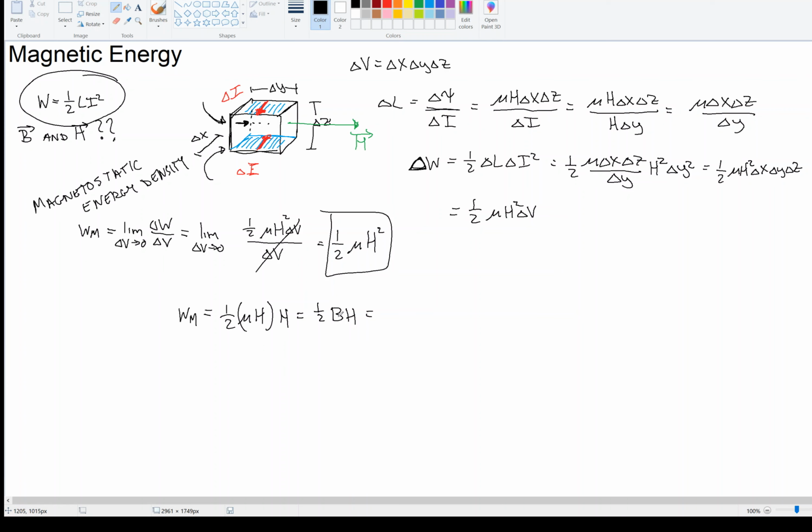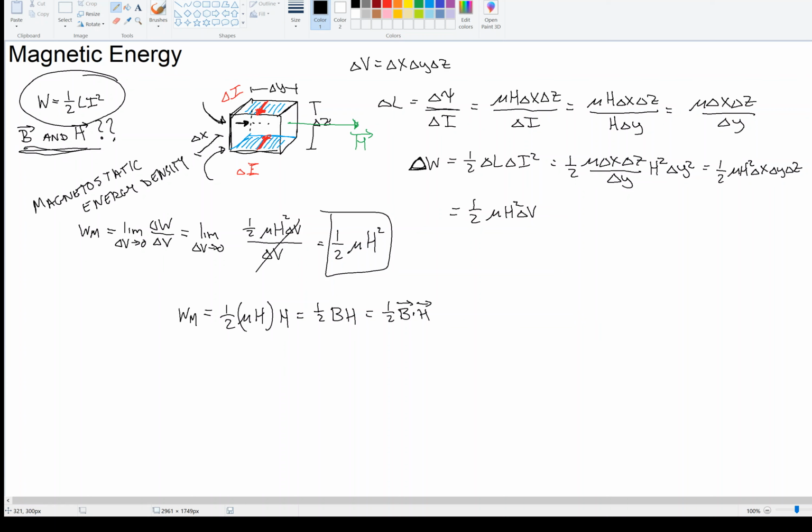This is the magnitude of B times the magnitude of H. Well, that's just B dot H. Remember, the dot product is the magnitude of one times the magnitude of the other times the cosine of the angle in between. But B and H are parallel with one another, so the cosine of 0 is, of course, 1. So now you see we've brought in B and H.